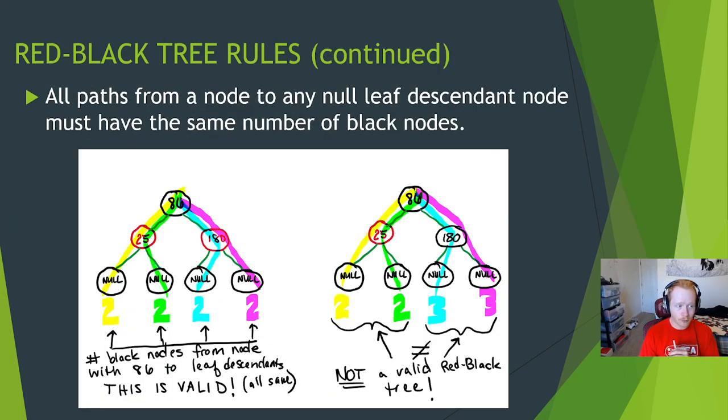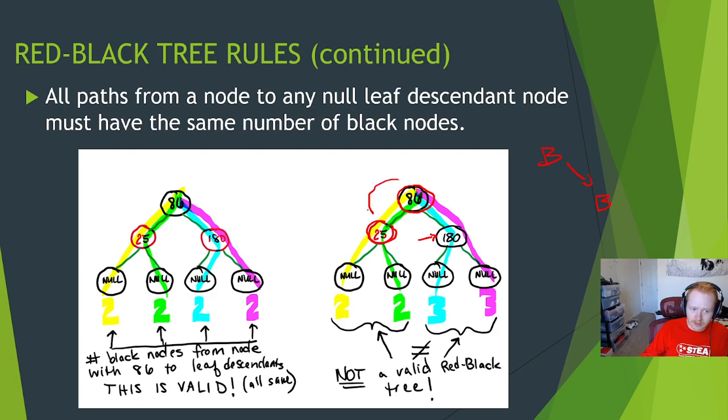One more rule is that all paths from the node to any leaf descendant node must have the same number of black nodes. If we look at this tree, the one on the right, we have a black node to start, our left node is red, and our right node is black. Now, two black nodes, black, black, that's not in the rules, that's fine. The issue is how many black nodes are in a path.